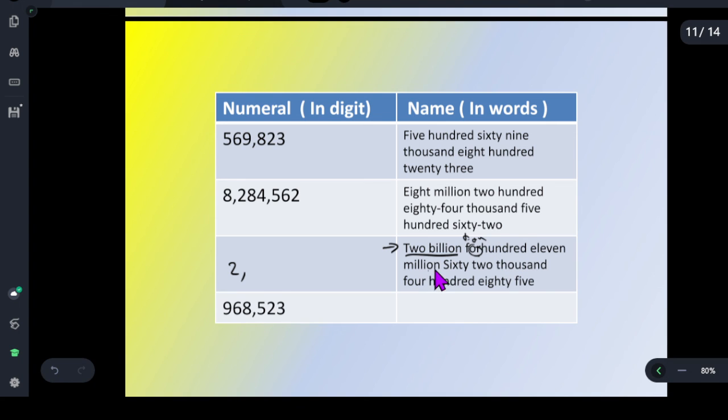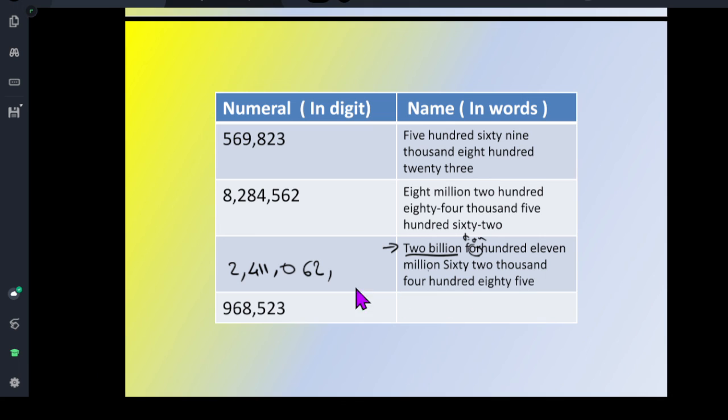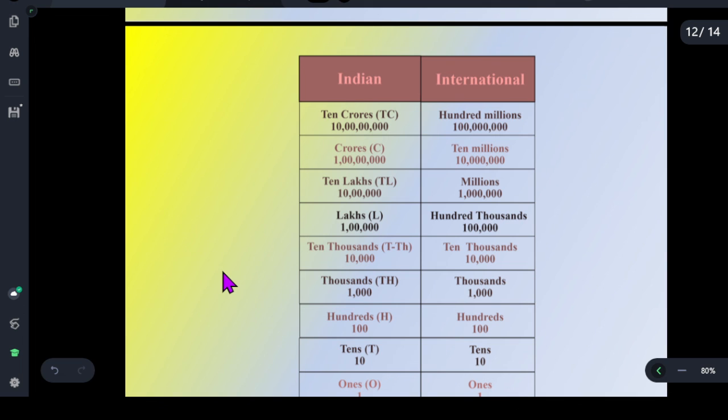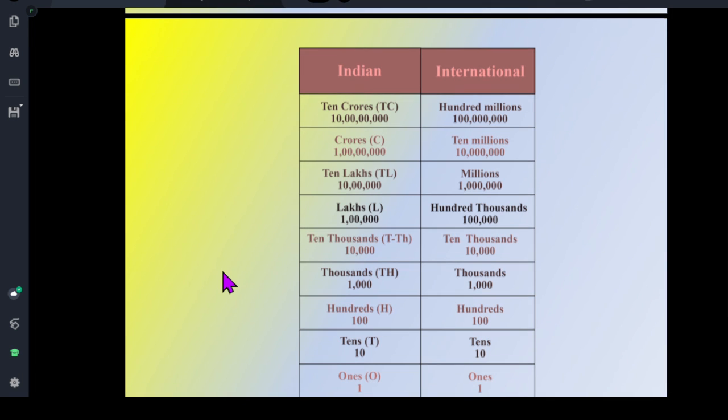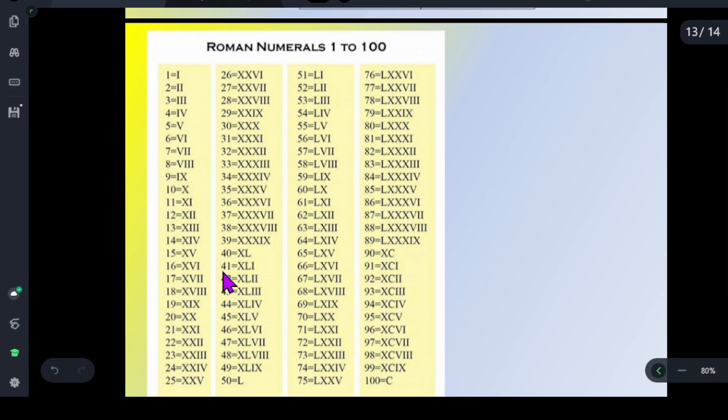Then 411 million, so I will write 411, then give a comma. 62,000: there is no number on the 100,000 place, so I will write 0 here and write 62, then give a comma, 485. This is the correct number. You have to solve the remaining questions and practice them. Here I have shown you a chart of which values in the Indian system equal which in the international system. You have to study this chart and write it in your notebook.